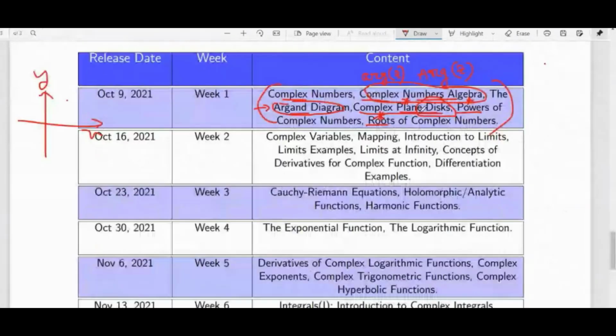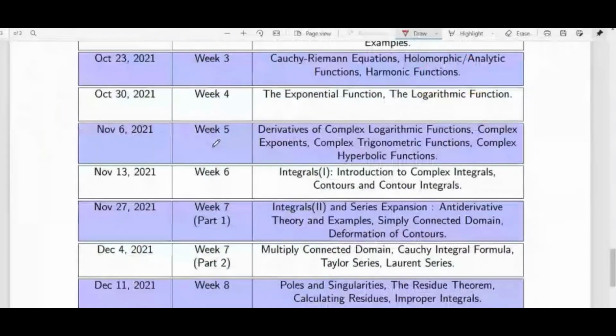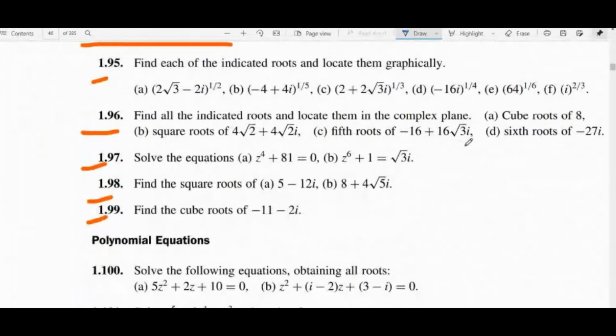Now let us come to the next problem, that is how to find the powers or roots of any complex number. So let's say we have this equation. We need to solve this equation.